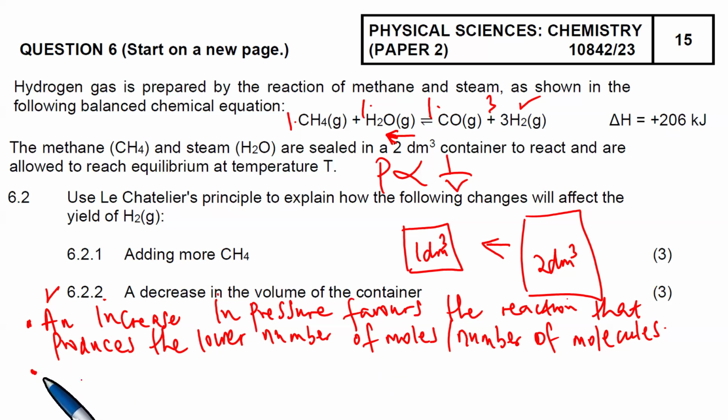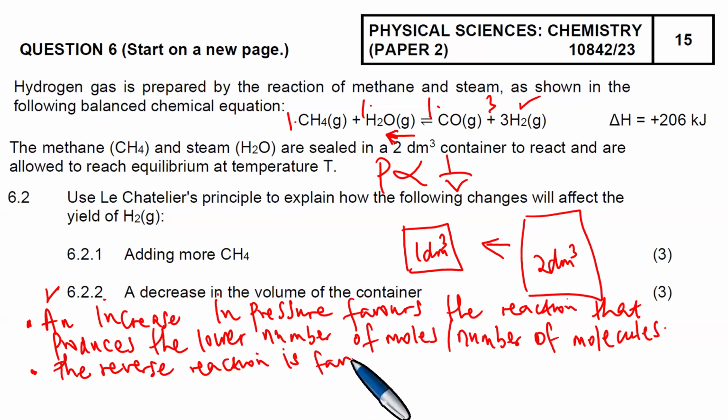Next, because now the lower number of moles are in the reactants on the left of the chemical equation, it means the reverse reaction is favored. The reverse reaction is favored.